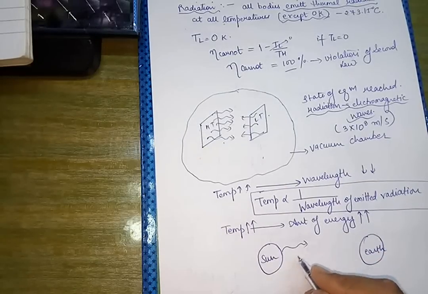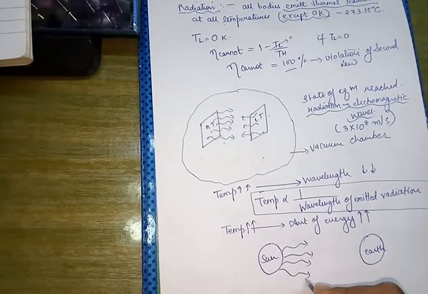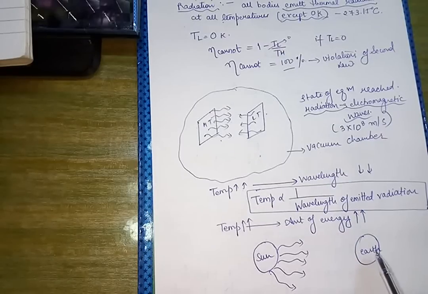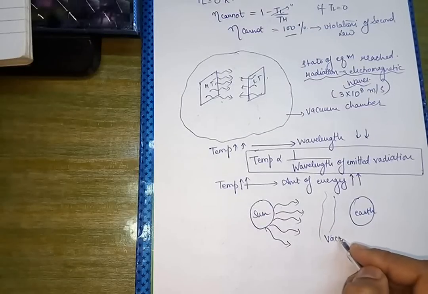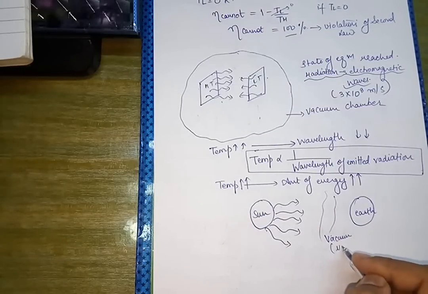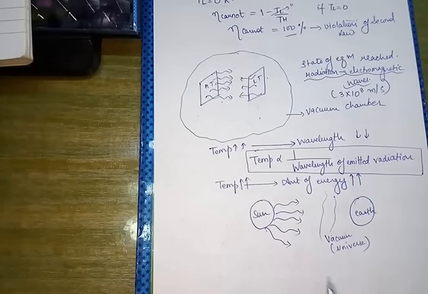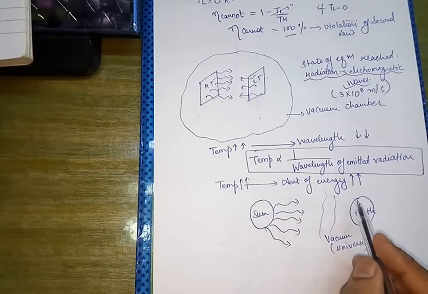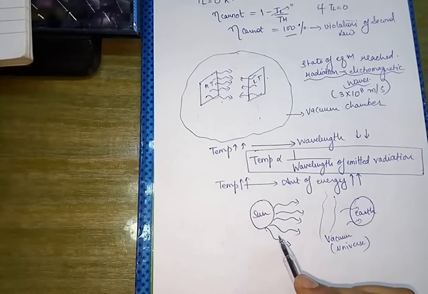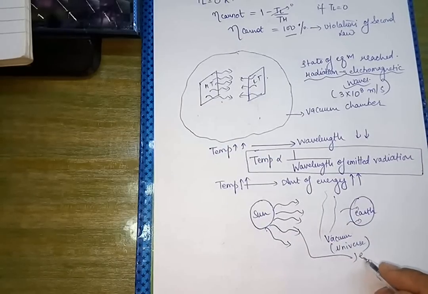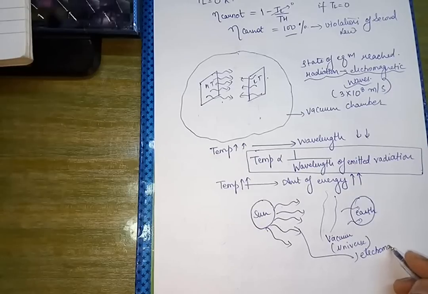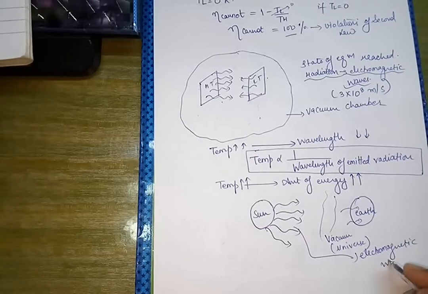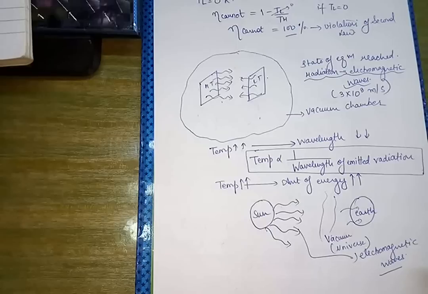The sun is emitting a large number of radiations, and between the sun and the earth we know that there is a presence of vacuum, or rather the universe. So these radiations travel from the surface of the sun and reach the earth's atmosphere in the form of electromagnetic waves.